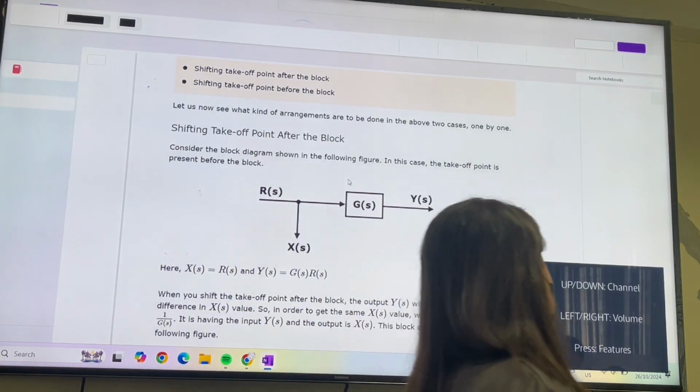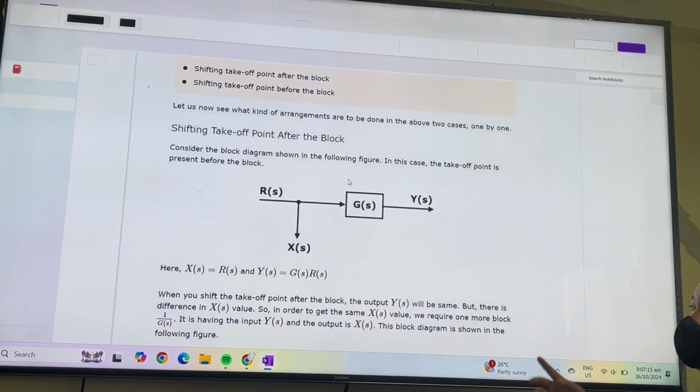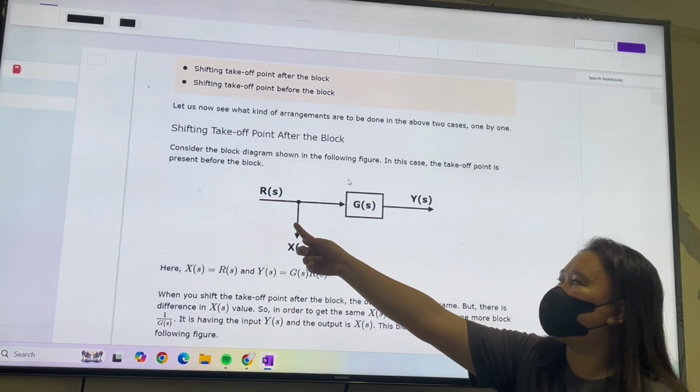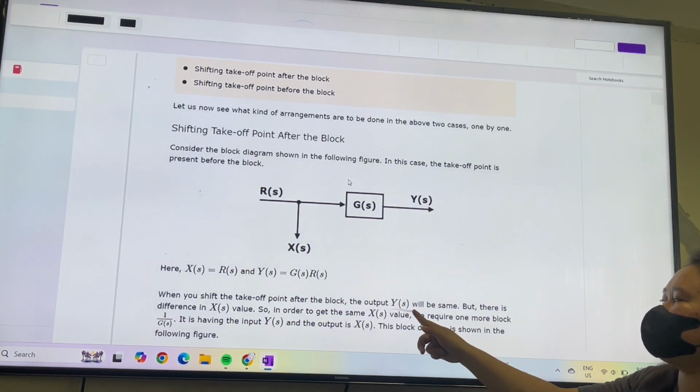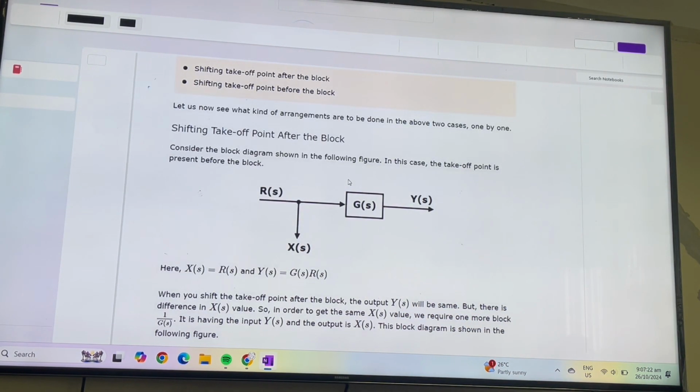Now, when you shift the take-off point after the block, the output Y of S will be the same. But there is a difference in the XS value.